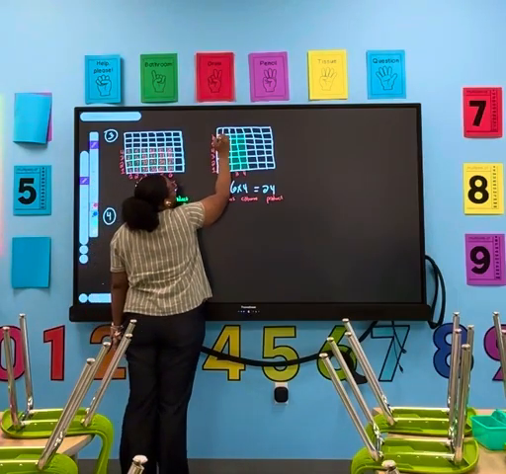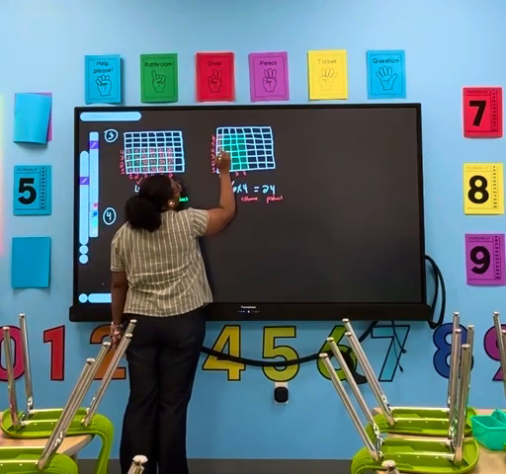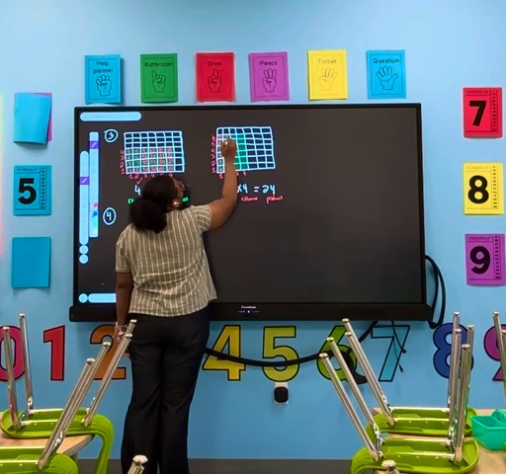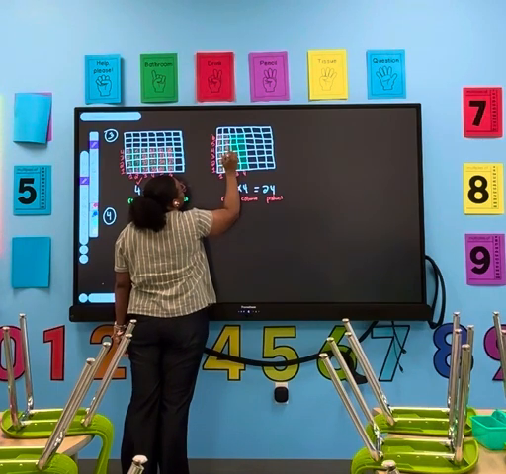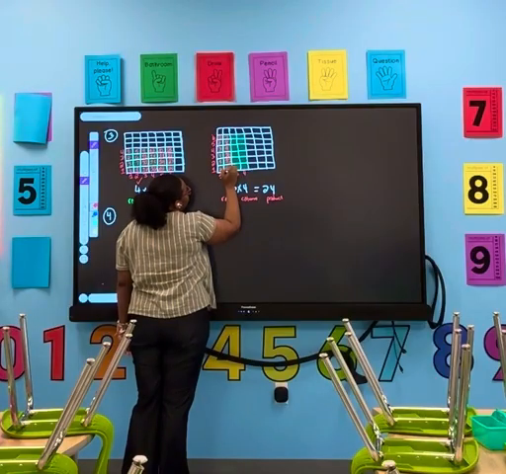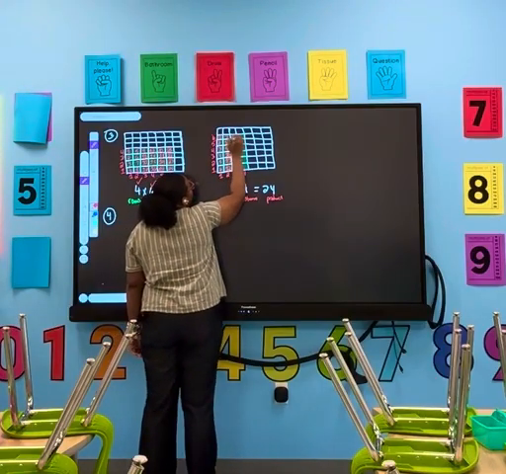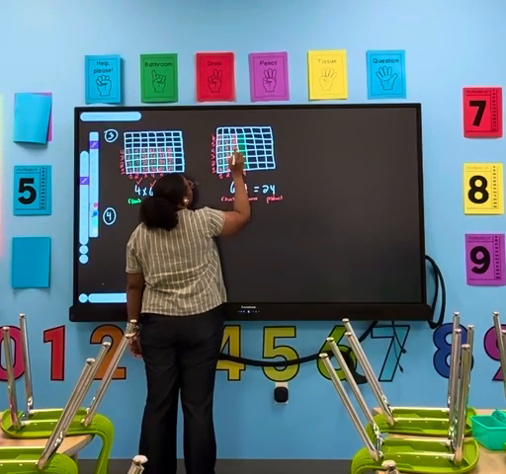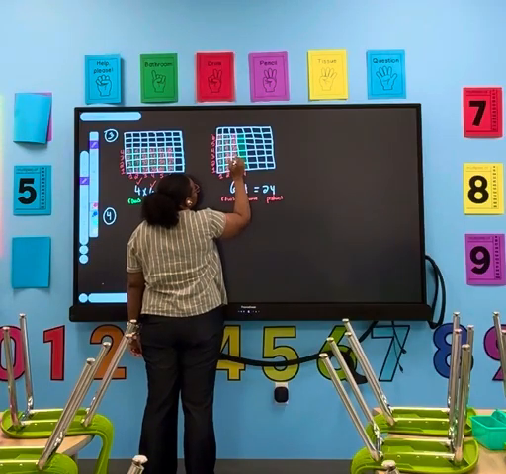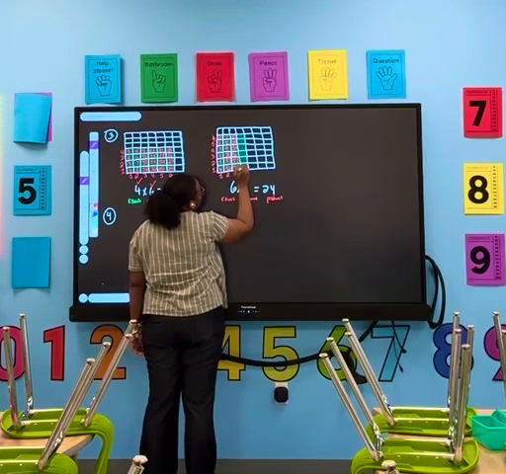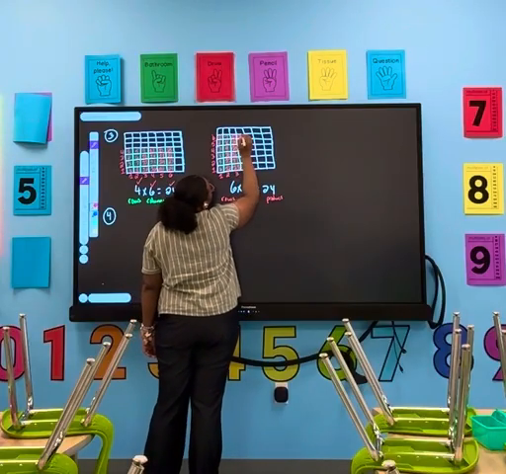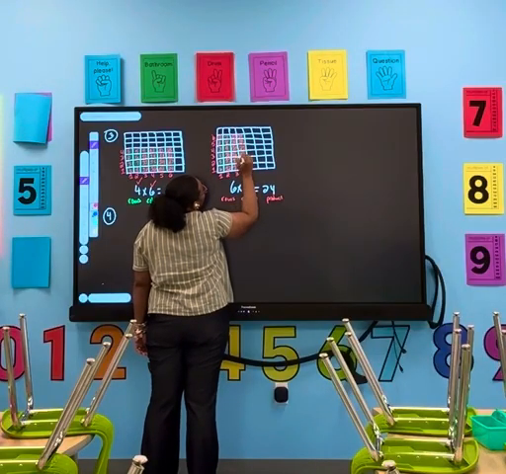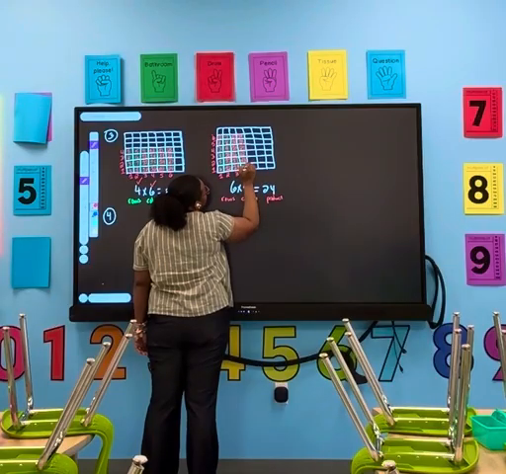So this is 1, 2, 3, 4, 5, 6, 7, 8, 9, 10, 11, 12, 13, 14, 15, 16, 17, 18, 19, 20, 21, 22, 23, 24.